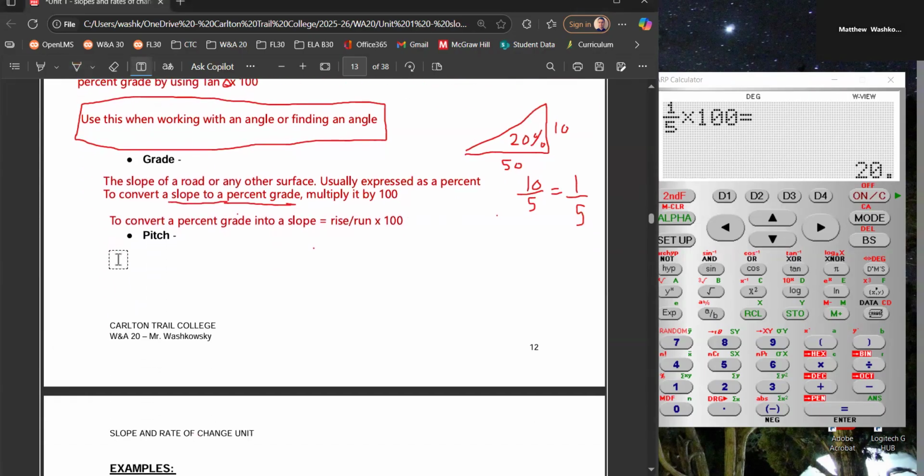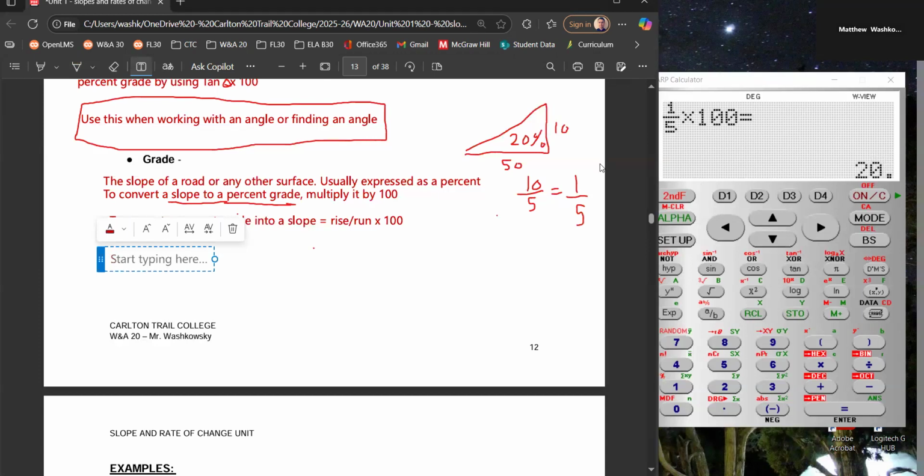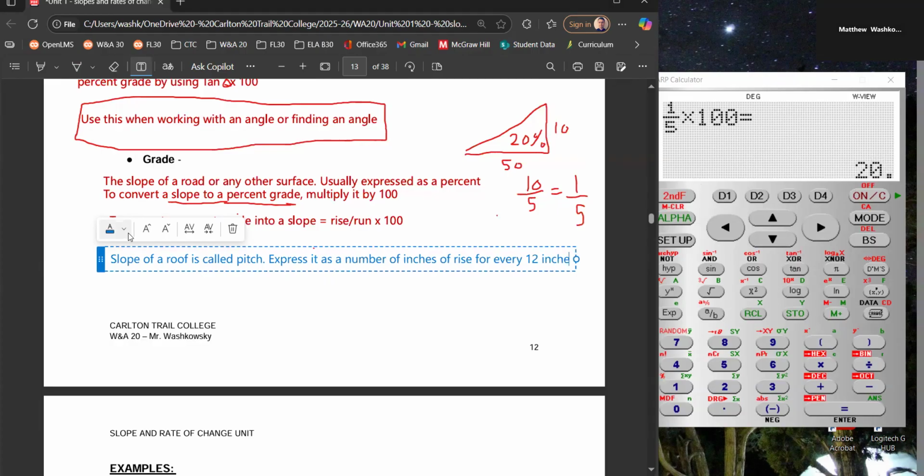So next, going into pitch. What pitch is, I'm going to make this blue just to make it a little bit clearer for you guys as we're taking notes. The slope of a roof is called pitch. We express it as a number of inches of rise for every 12 inches, which is 1 foot of run.